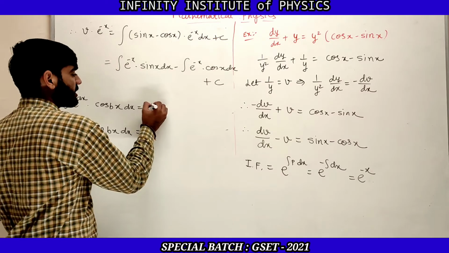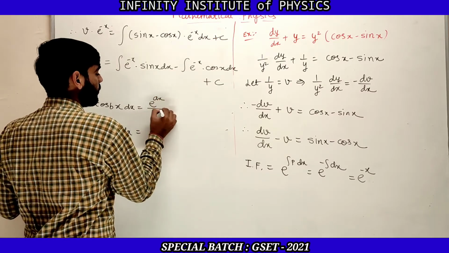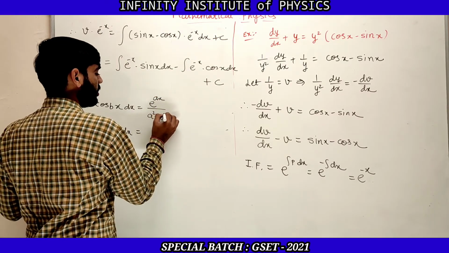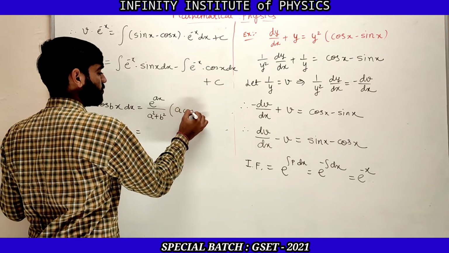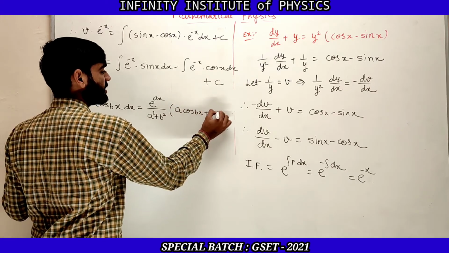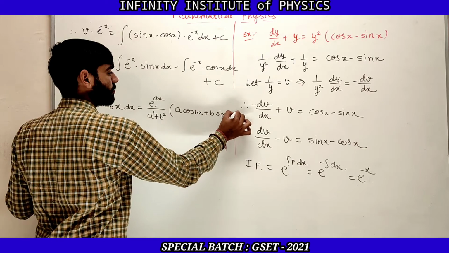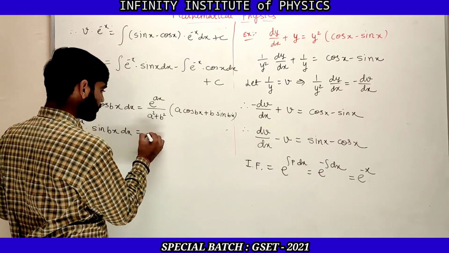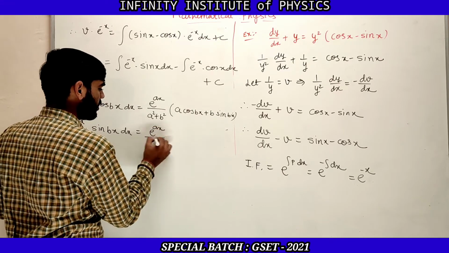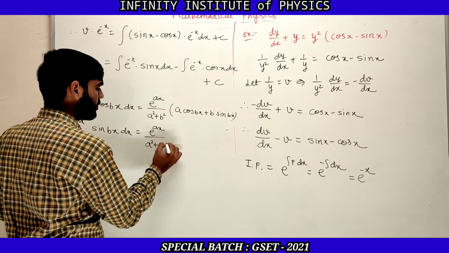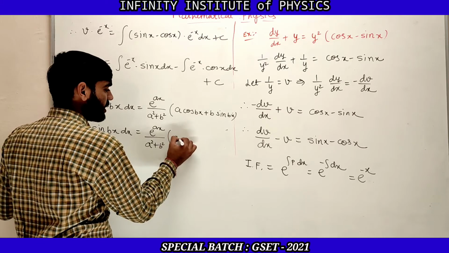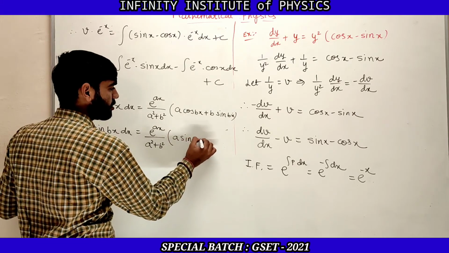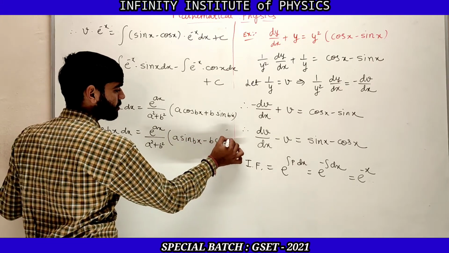The first formula is given by e raised to ax upon a square plus b square into a cos bx plus b sin bx. And this is given by e raised to ax upon a square plus b square into a sin bx minus b cos bx.